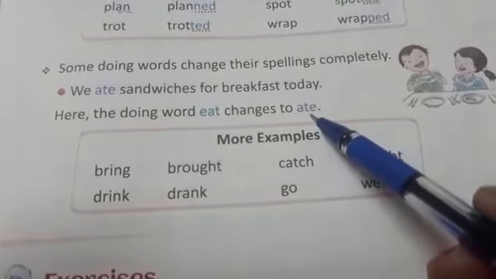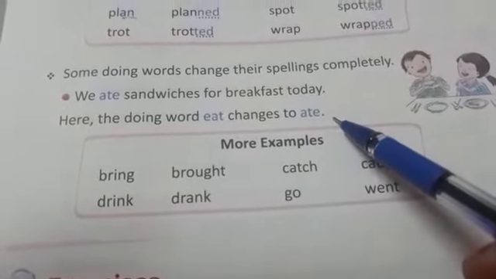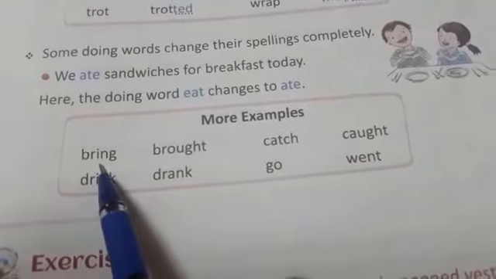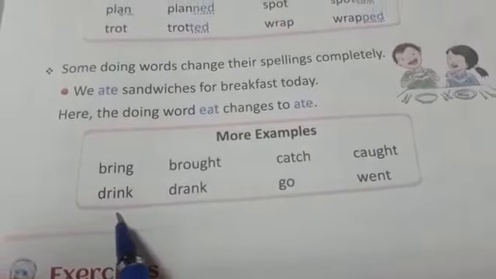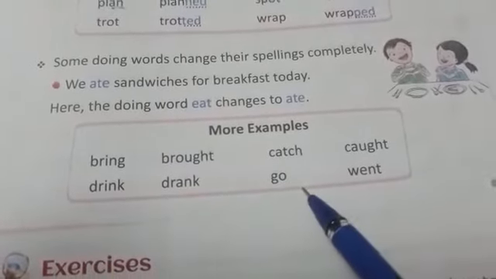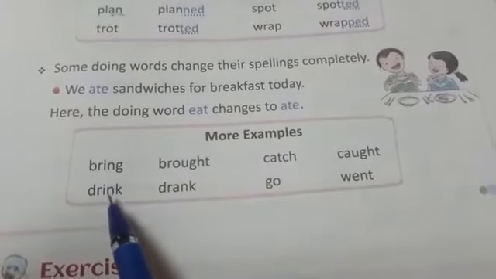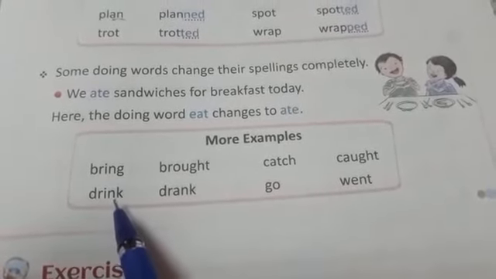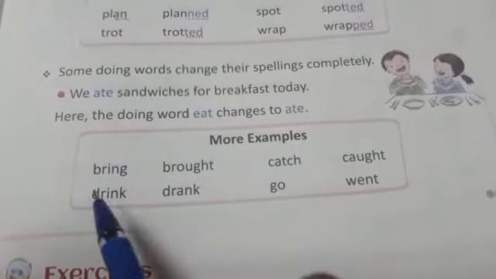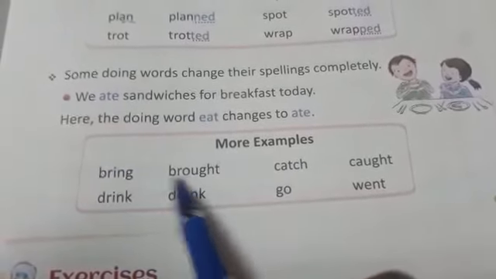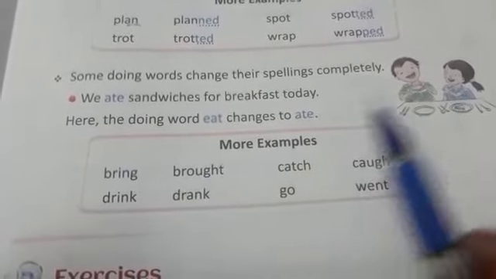Now you can see bring, brought; catch, caught; drink, drank; go, went. In these action words we change the spelling completely, bring and brought. Here you can see the spelling is totally changed.